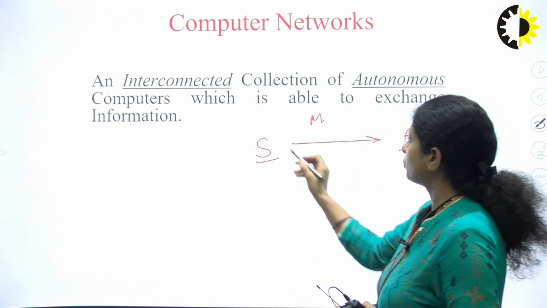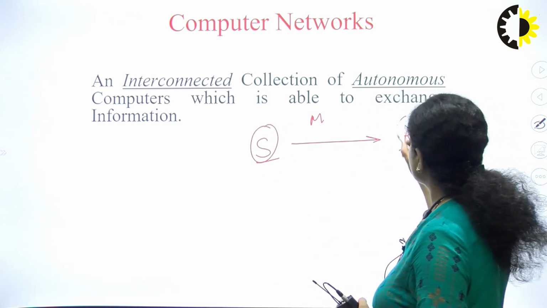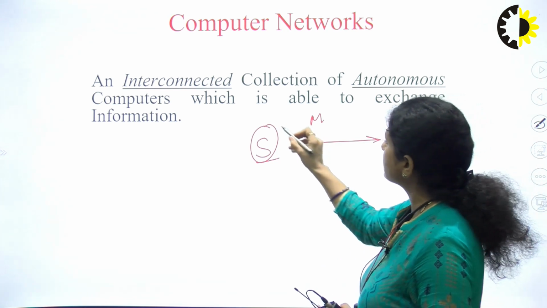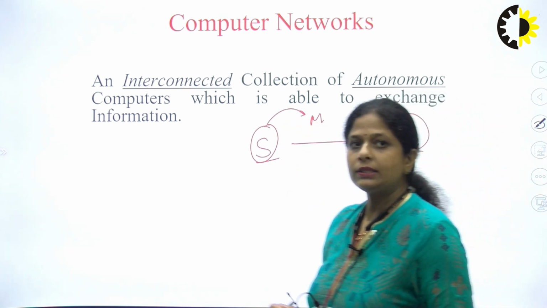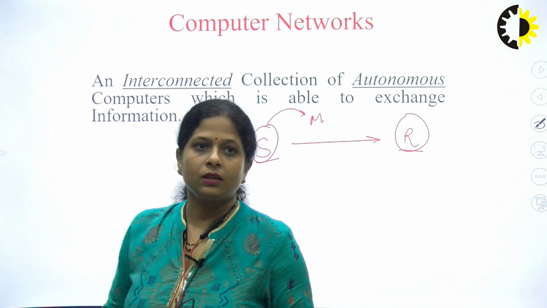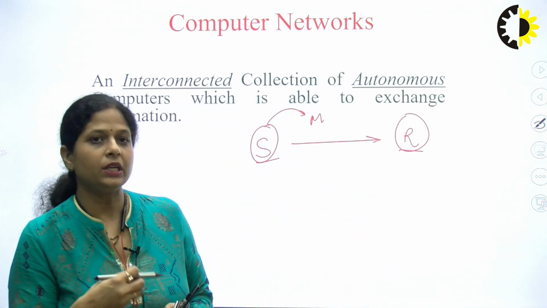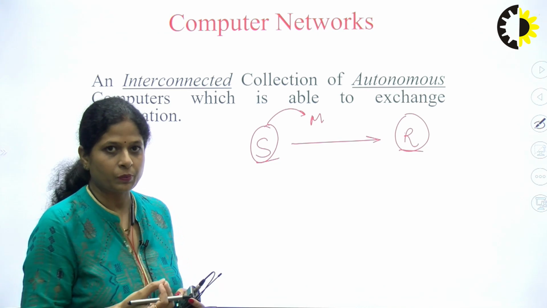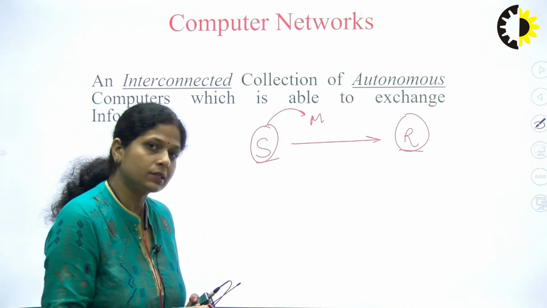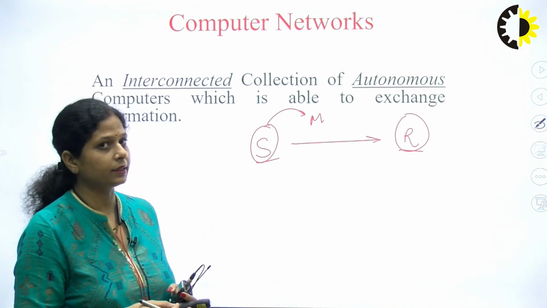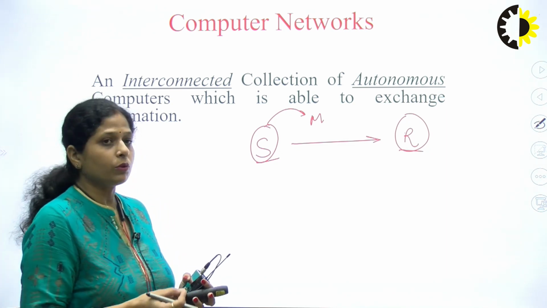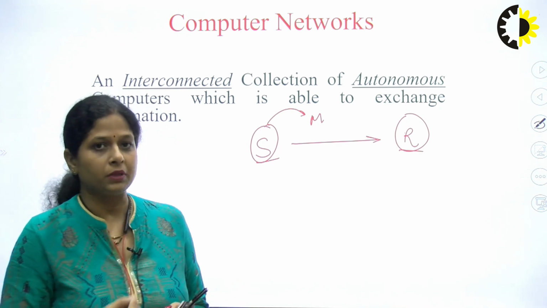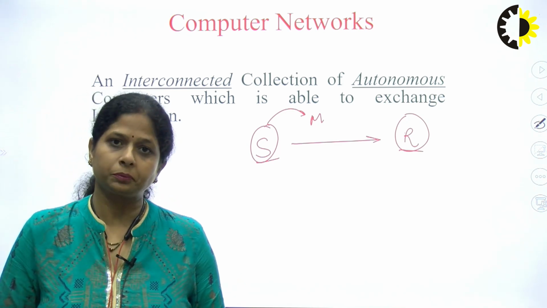Suppose the language in which the sender is sending the message is not understandable to the receiver. In that case, what will happen? That means some translator, some medium is required.